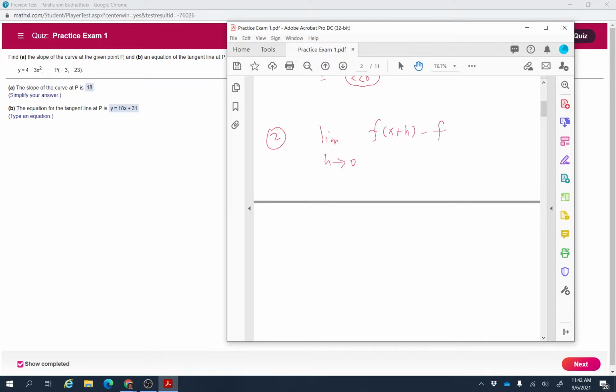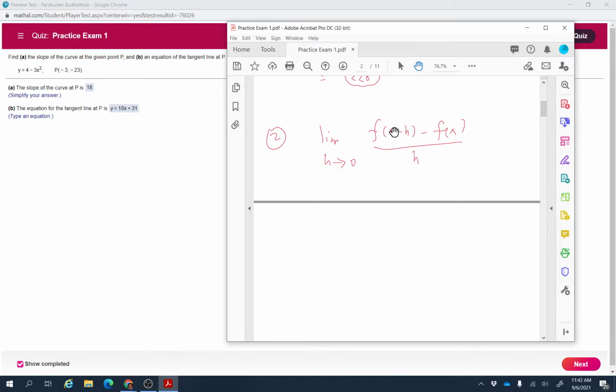If you want to find out slope of the function f of x, then you need to use this formula. And if you are interested to find the slope at a specific point, then you have to replace that x by that value. In this case, we are looking for slope at point -3.